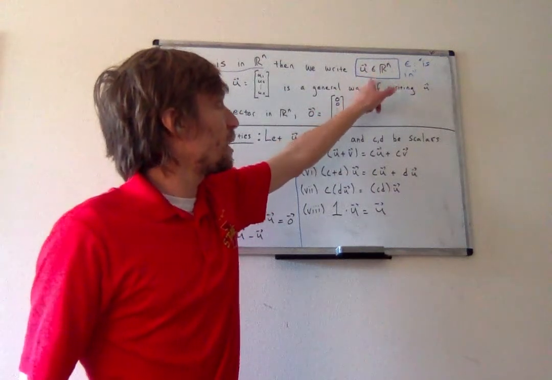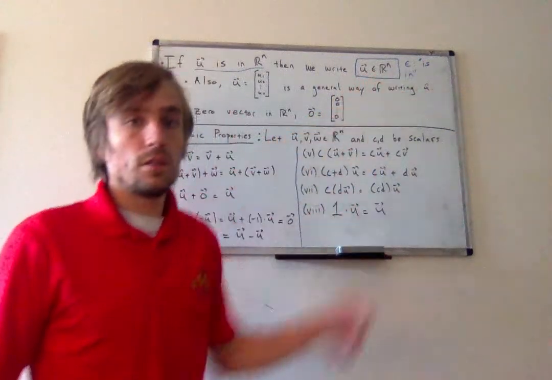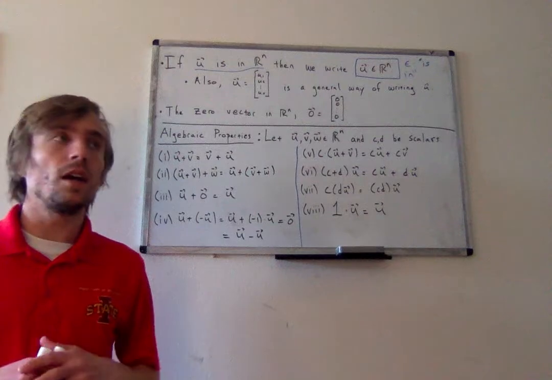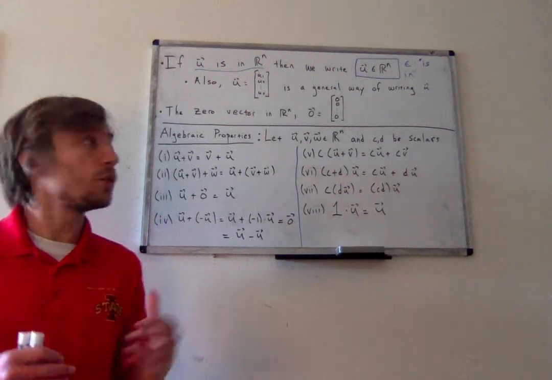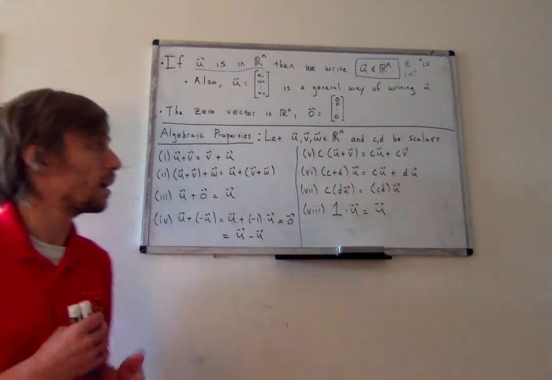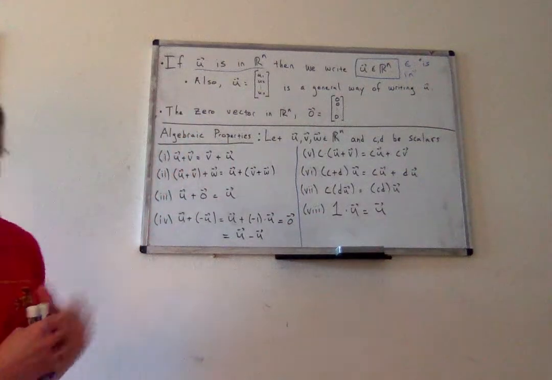So this sequence of symbols here would read "u is in Rn." And so you'll see me use that quite frequently moving forward because it's an easier, more compact way to express this, and it tends to make things easier when we're working with a lot of vectors and vector spaces and things like this.